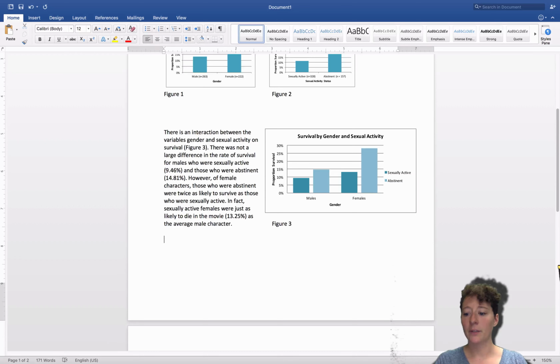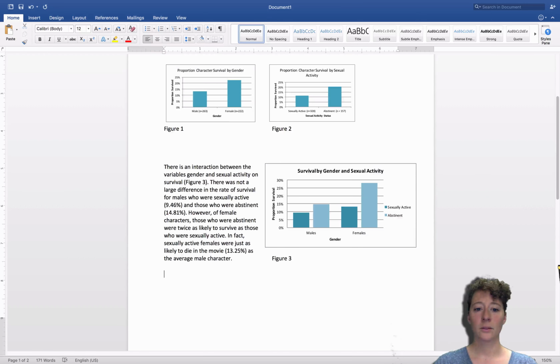Okay, so finally we want to write a conclusion. We want to look at the main points that we made in our graphs and summarize them in the context of our original question, which was, what characters survive a slasher movie? So we can go through and summarize. First we looked at our single predictor.